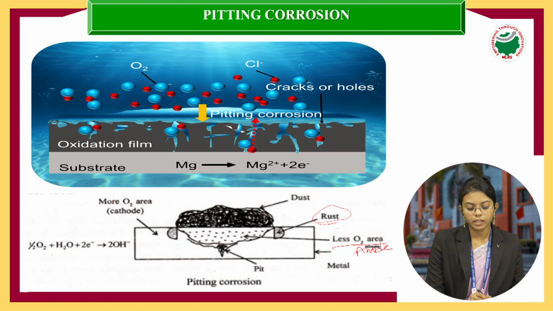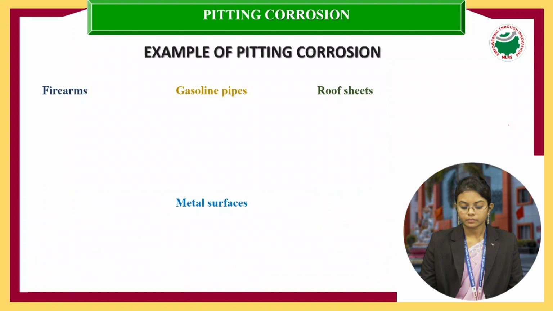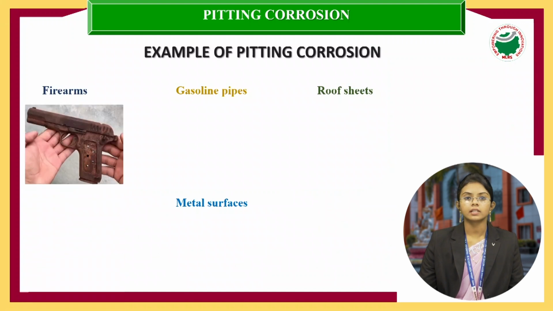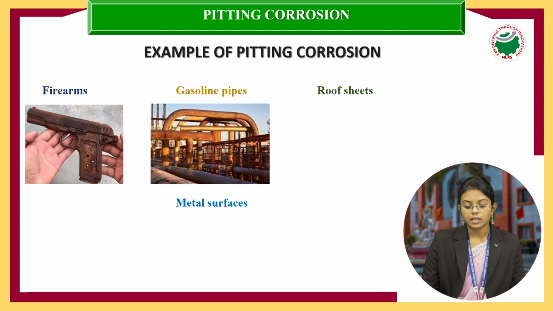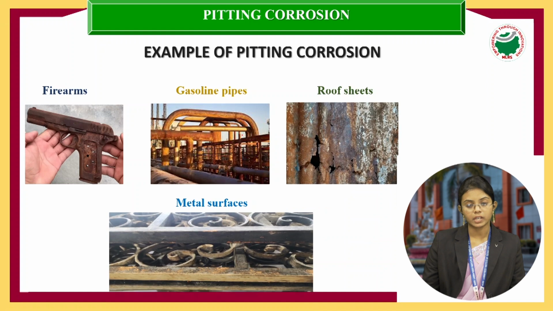And the remaining part is the more oxygenated area, that is your cathode. This is how pits will look. Examples of pitting corrosion are firearms, gasoline pipes, roof sheets, and also metal surfaces.